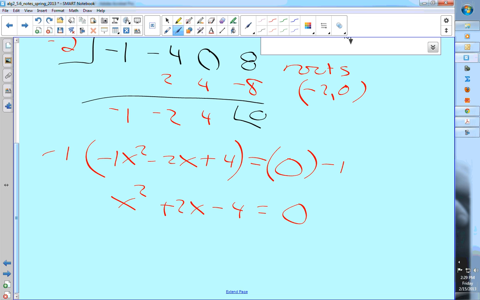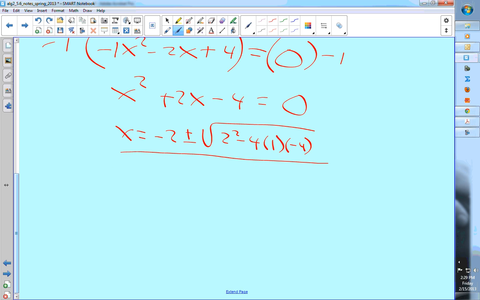Now you can complete the square or use the quadratic formula. X equals the opposite of 2 plus or minus the square root of 2 squared minus 4 times 1 times negative 4, all that over 2 times 1. You also could have done it with the negatives up there. Okay?